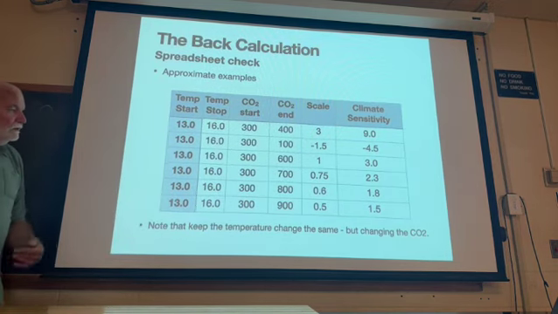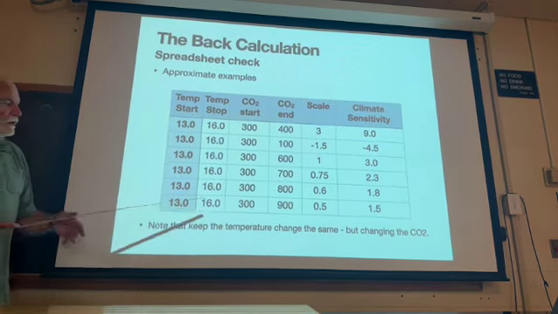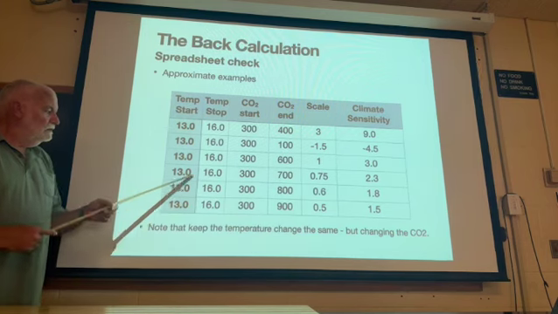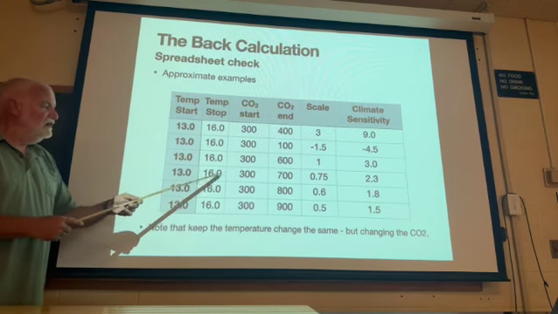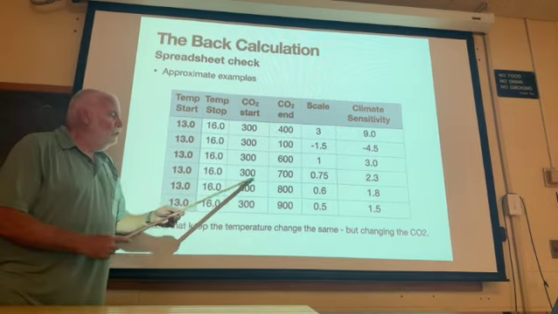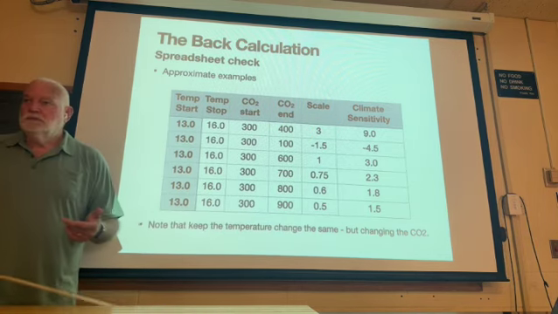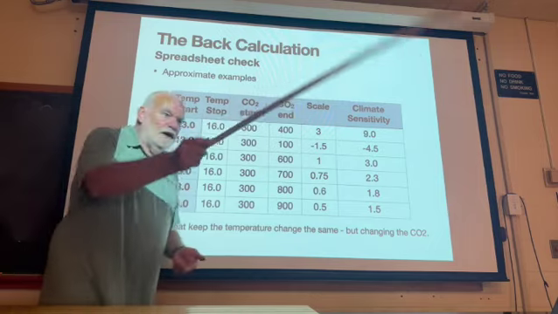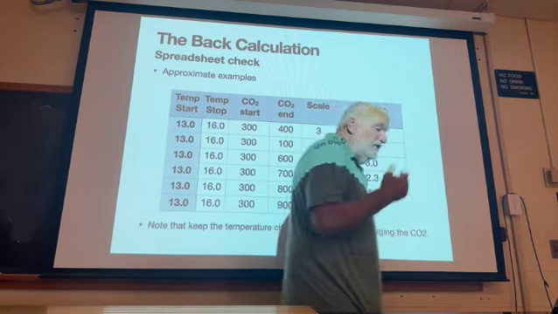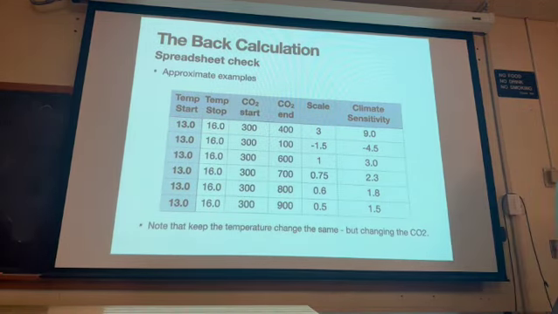Okay, now, what happens in the case where I have the same temperature change, but the CO2 went up more than double? How would you describe the climate sensitivity factor? I mean, the numbers are there, but describe it.